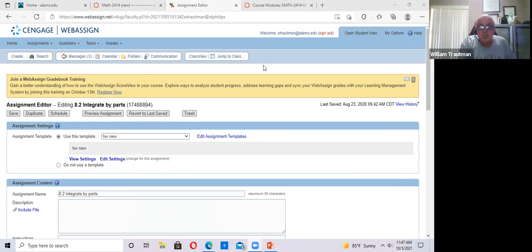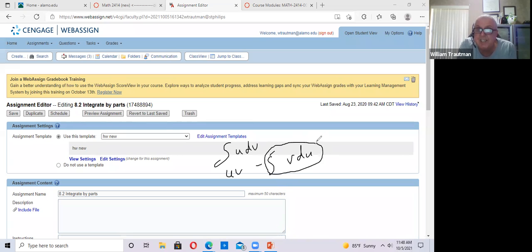It's because when you integrate u dv, and you get the formula uv minus integrating v du, sometimes when you integrate this, it's not an easy integration, and you have to use the integration by parts formula again.